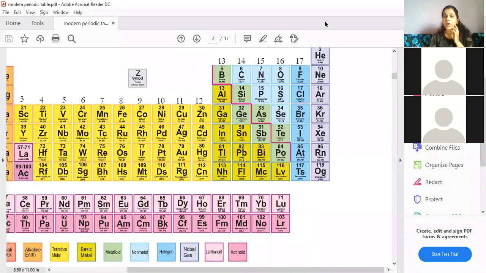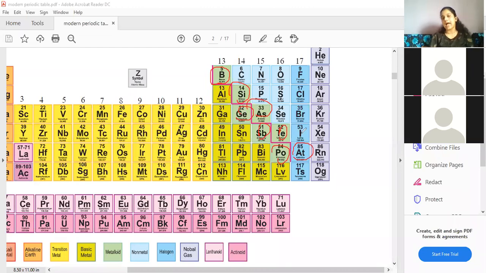So the doubt that Melissa asked was, germanium and polonium are also metalloids. Students, it was my mistake, I did not mention. So in that list, put down germanium and polonium as well. So what are the elements now? Your boron, silicon, arsenic, antimony, tellurium, germanium, and polonium. And this astatine is also a metalloid, students.